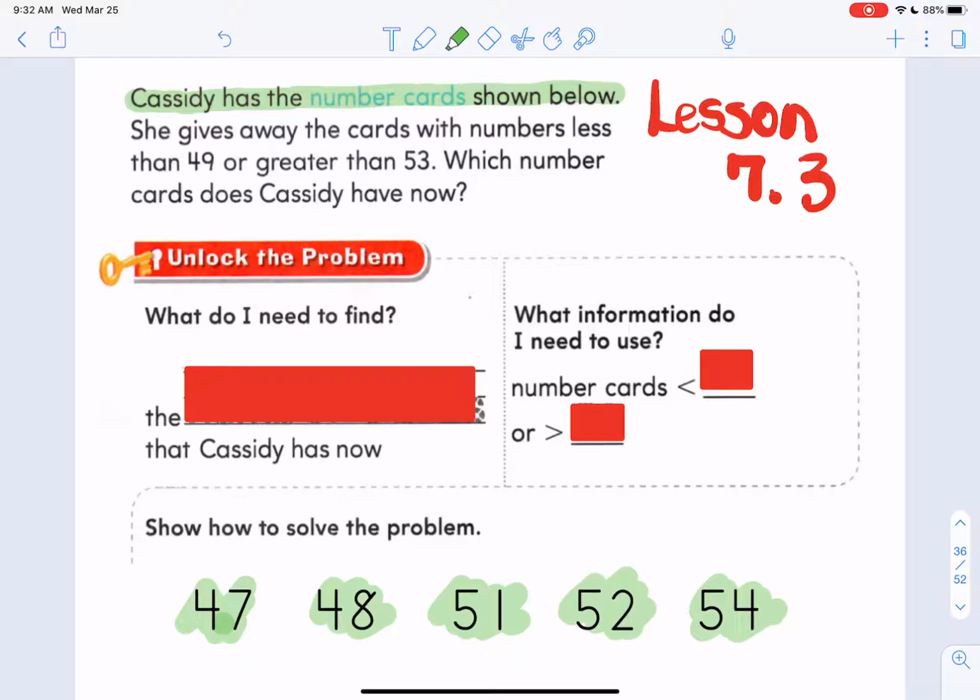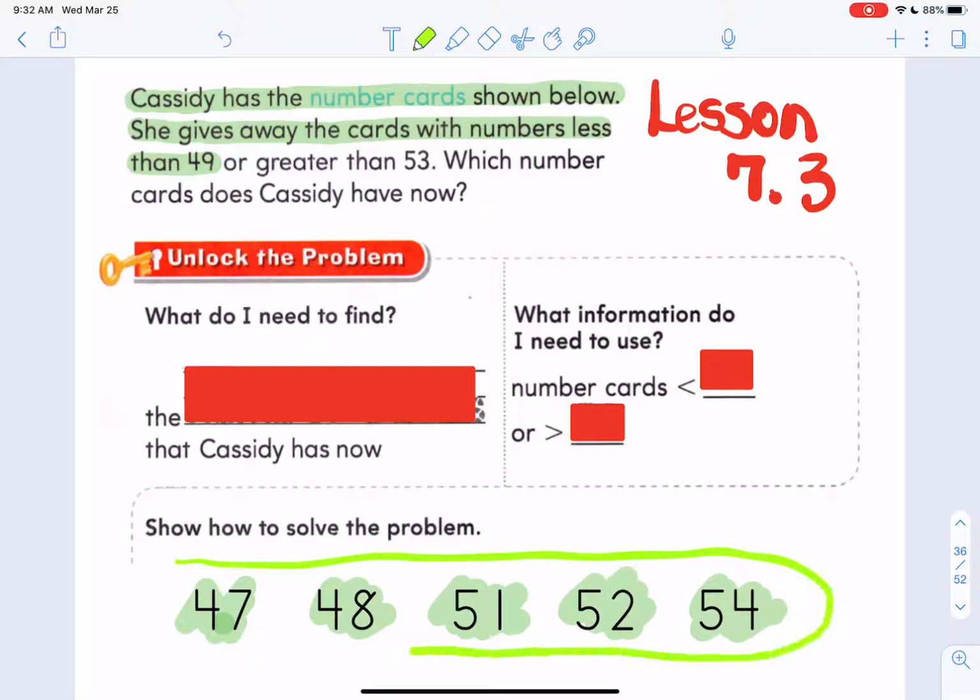She gives away the cards with numbers less than 49. Now I'm going to stop there for a minute. She gives away the cards that are less than 49. So I have to think which of these cards are less than 49.